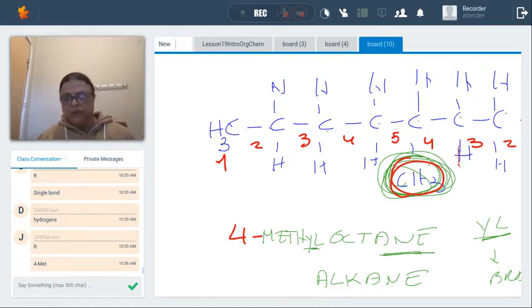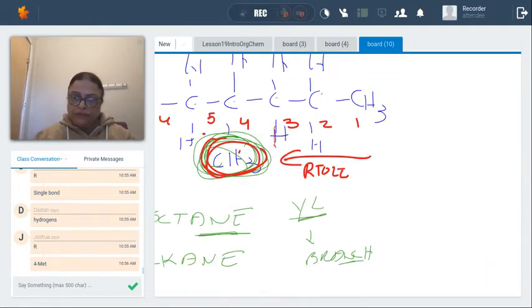No, no, no. The rule says that you have to start counting from the side where the branching has the smallest number. So 4 is smaller than 5. You count from right to left. Capisce?